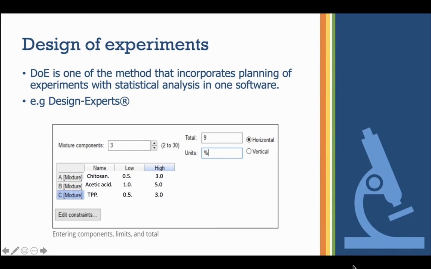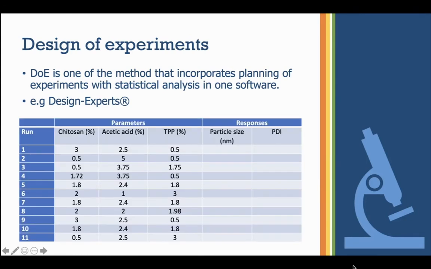The concentration was set at different ranges: for chitosan between 0.5 and 3%, acetic acid between 1 and 5%, and TPP between 0.5 and 3%. From here, the system helped to generate a different set of experiments.